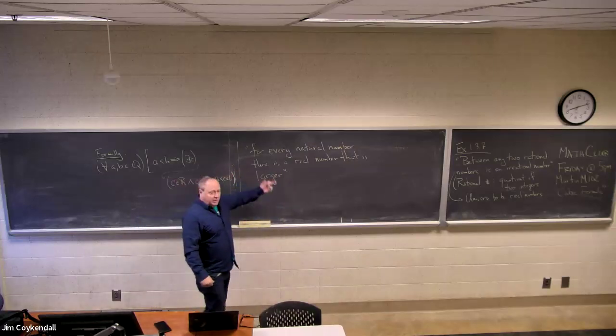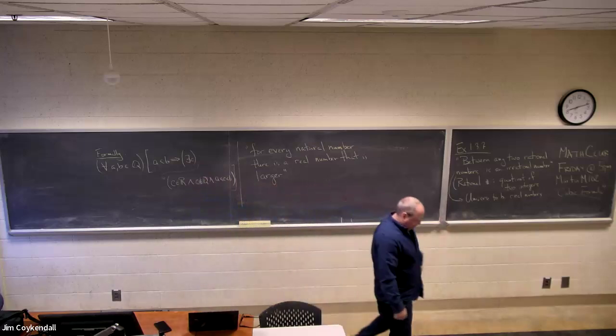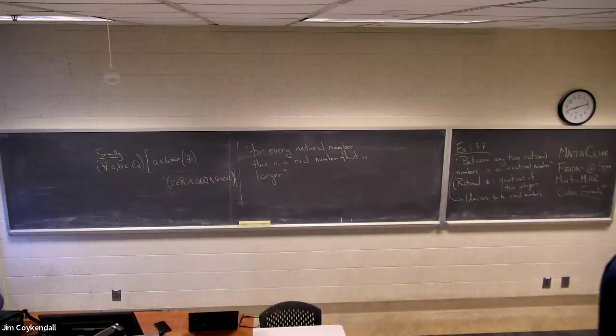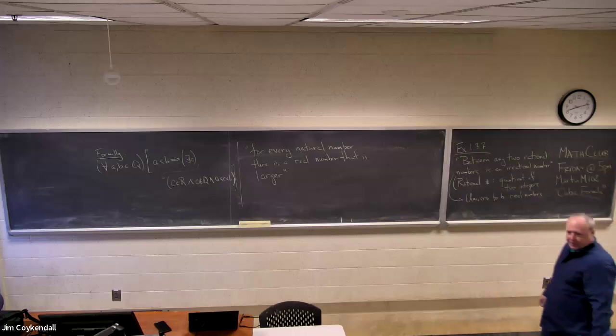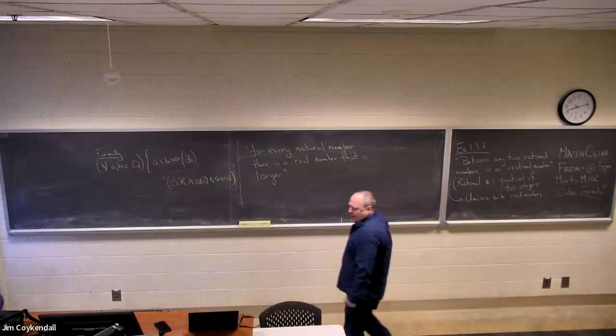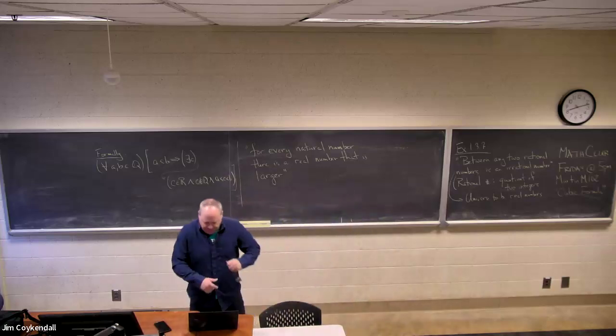So if I walk up to you and give you any natural number, 1, 2, 8, 6, 7, 5, 3, 9, you can find a real number that exceeds this in size, right? Everybody agree with that? How could I write this formally?